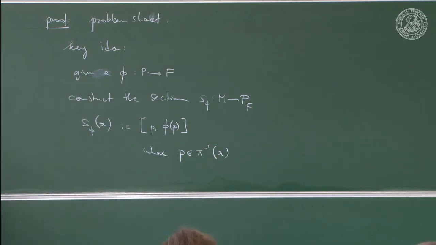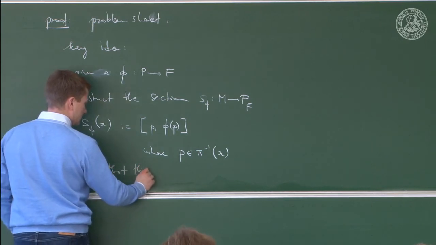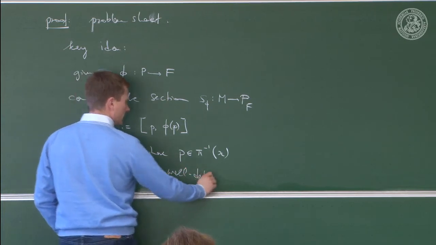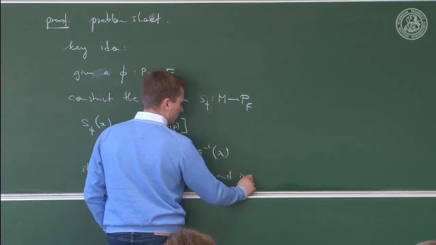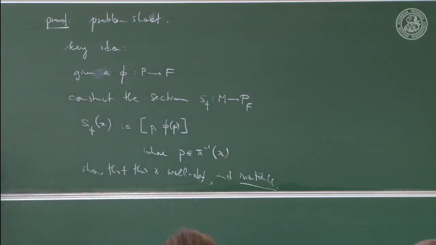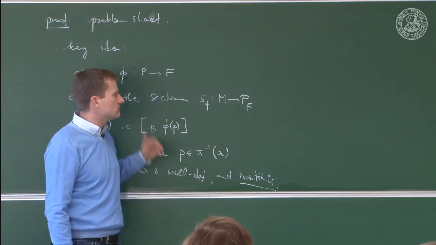And of course you have to show that this is well defined, simple, and invertible. The invertibility you need in order to ensure that it's one-to-one, of course. And here you show the invertibility by explicitly constructing the inverse.